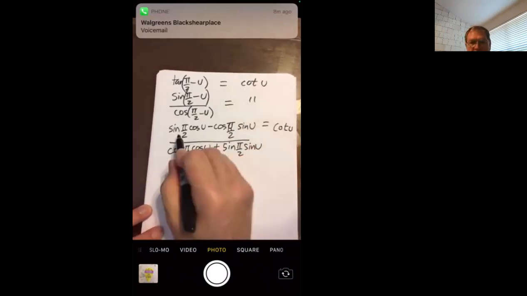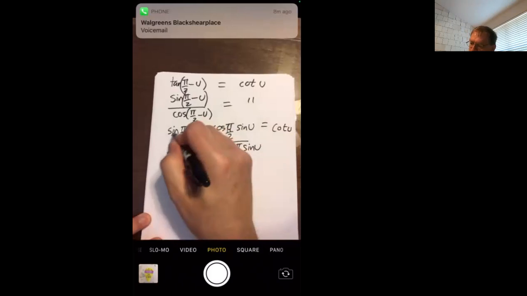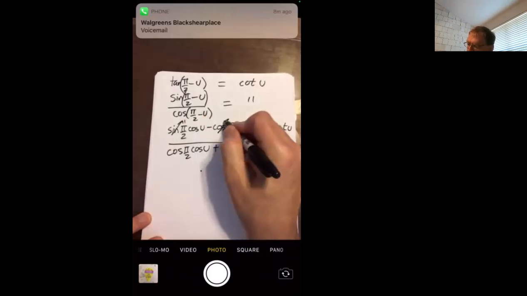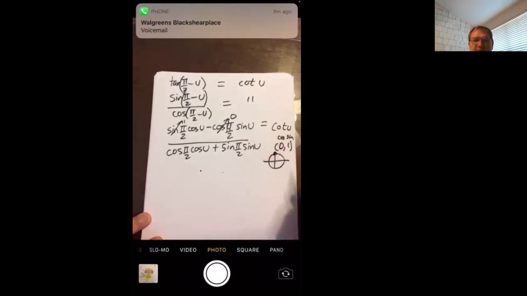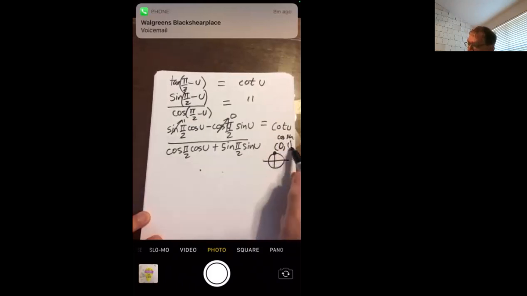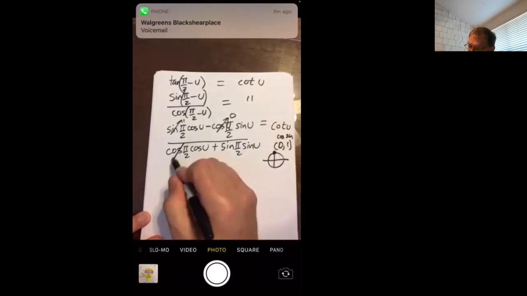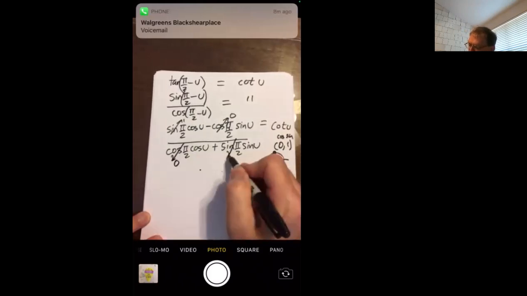Okay. Now, individually, sine of pi over 2 is 1. The cosine of pi over 2 is 0. Same exact argument. Pi over 2 coordinates are 0, 1. This is your cosine. This is your sine. Sine is 1. Cosine is 0 at pi over 2. So down here, 0, 1.